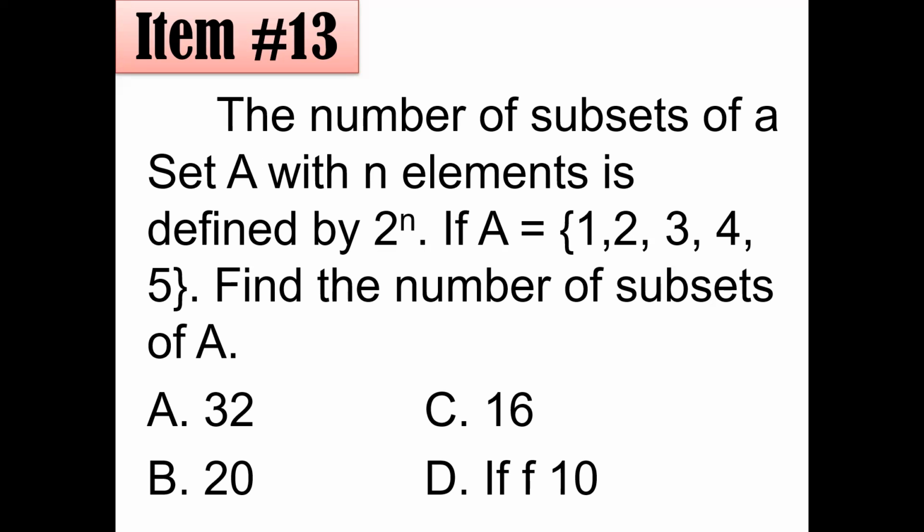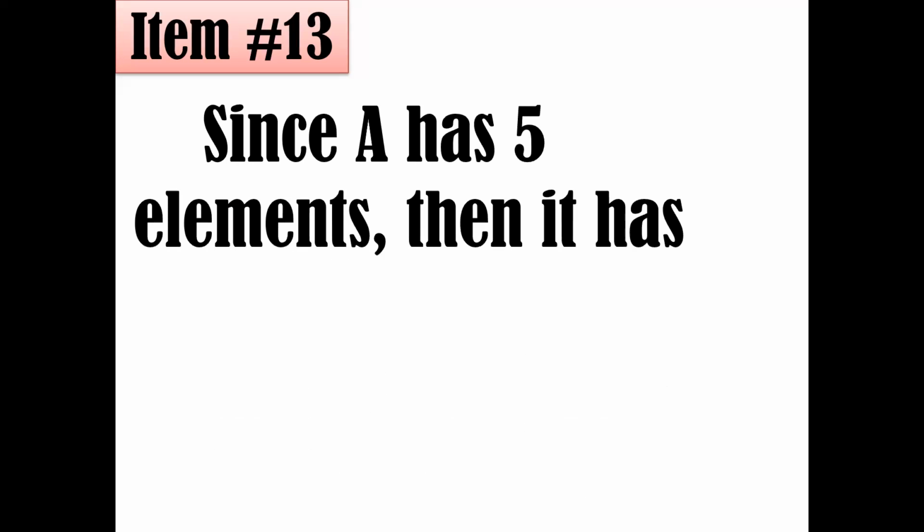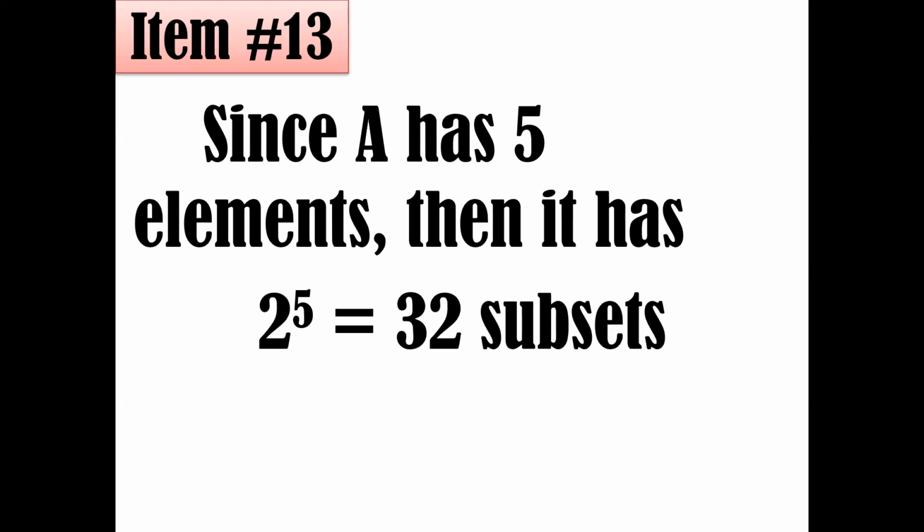Okay, our n here is 5. Kasi nga, A has 5 elements. And so substituting n as 5, so 2 raised to 5 is equal to 32 subsets in all. Letter A. This 32 consists of subsets containing no element, 1 element, 2 elements, 3 elements, 4 elements, 5 elements. So 32 po yan lahat-lahat. Letter A.